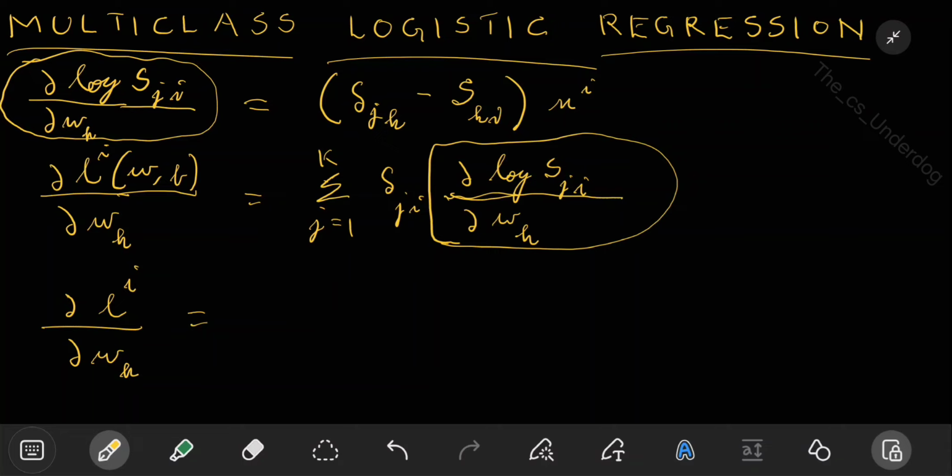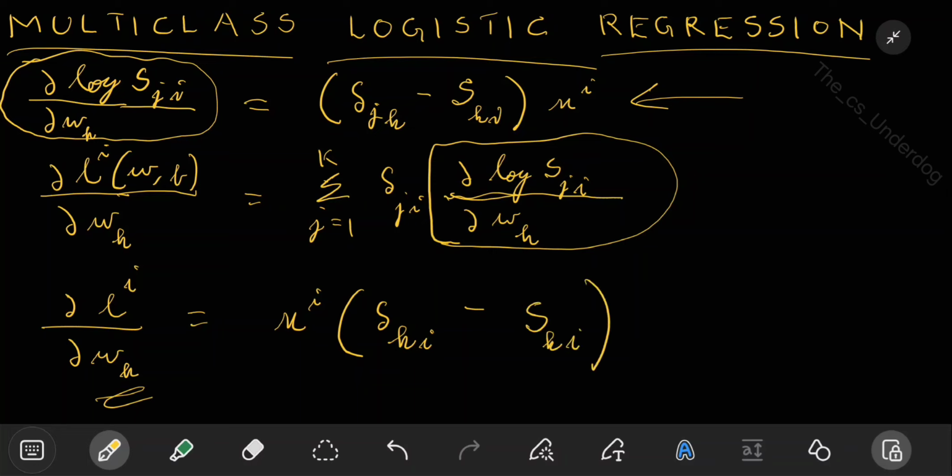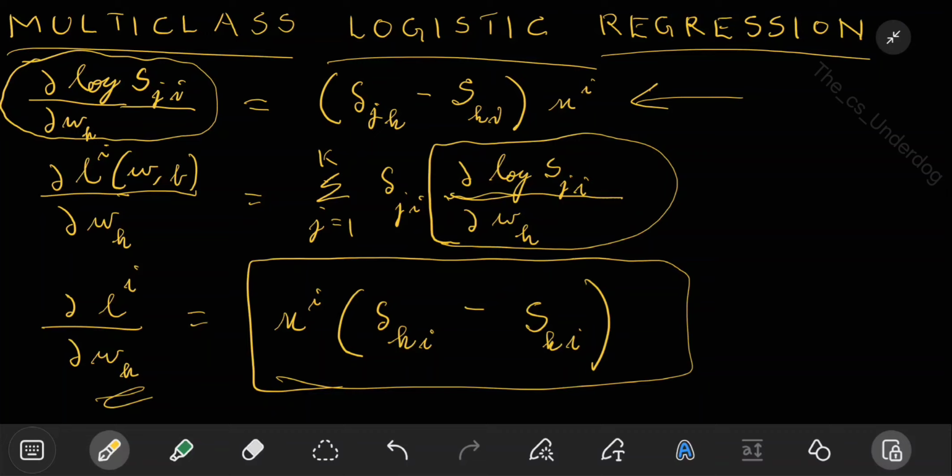When I write this, I get the term xi into delta ki minus ski. Okay, so this will be the derivative of the log likelihood function.